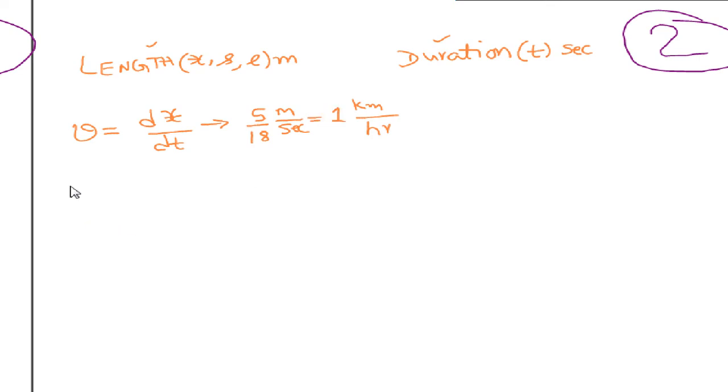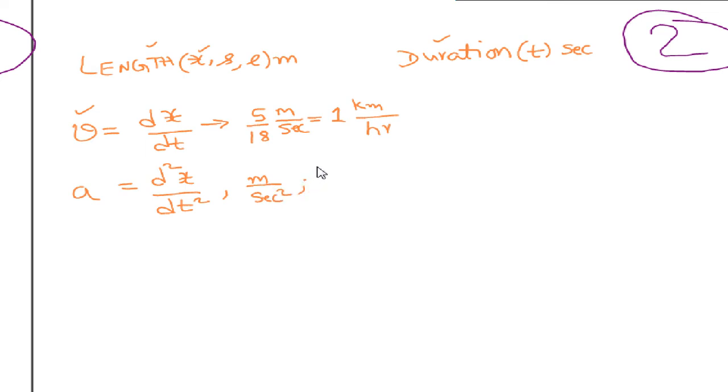Another quantity of interest which is immediately derived from velocity is acceleration, which is the second derivative of displacement or length, and units of this typically are meter per second square.